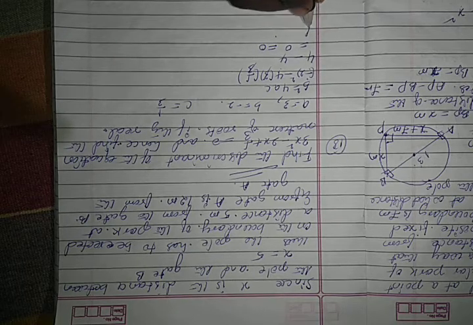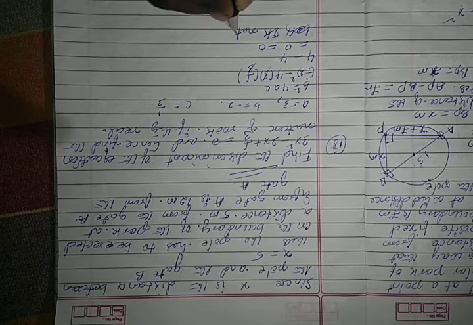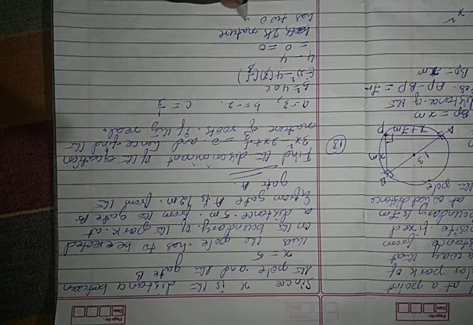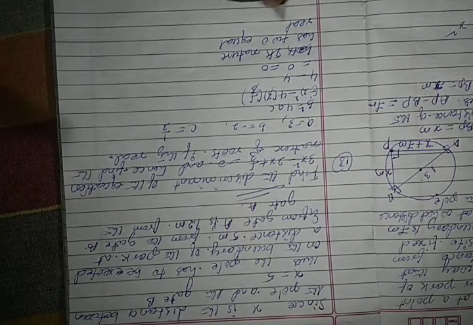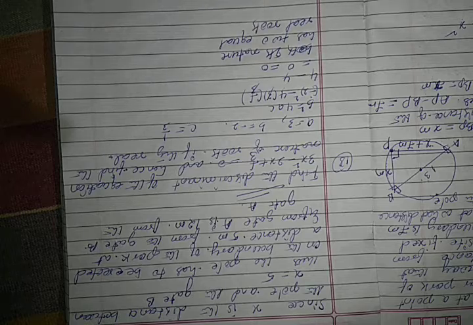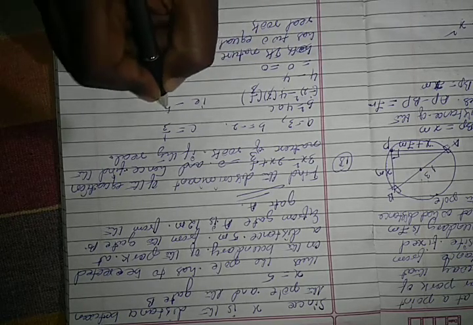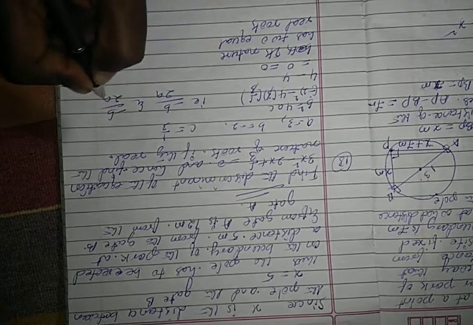Therefore the nature of the roots is that it has two equal real roots. The two equal real roots are minus b divided by 2a and minus b divided by 2a.